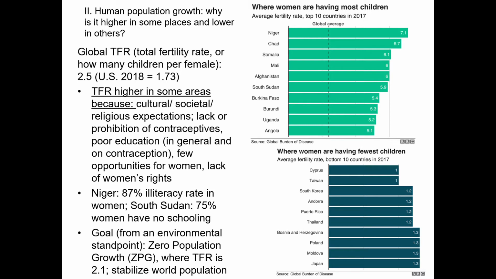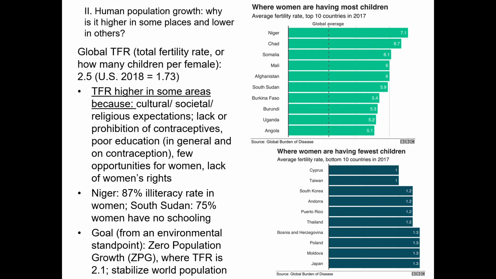You have poor education. So poor education in general, where compulsory education doesn't exist, or may only be to a 5th grade or 6th grade level. So education in general, or just very poor education on contraceptives or on reproduction or reproductive biology.